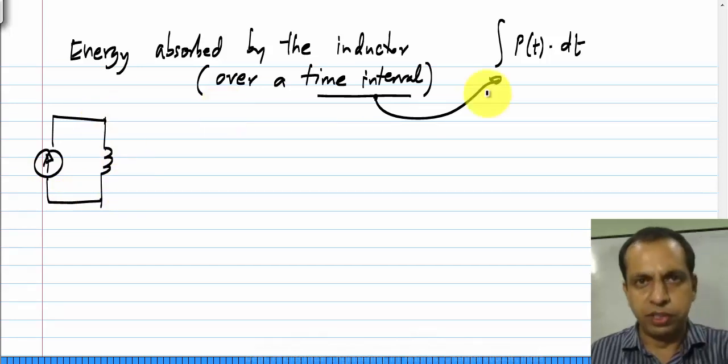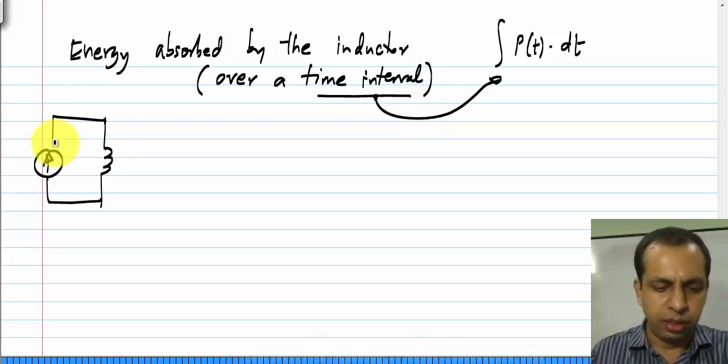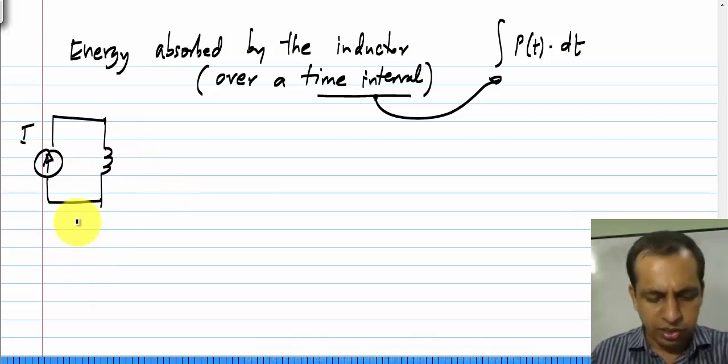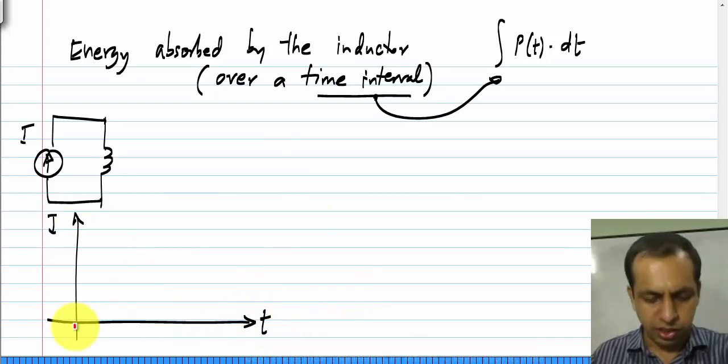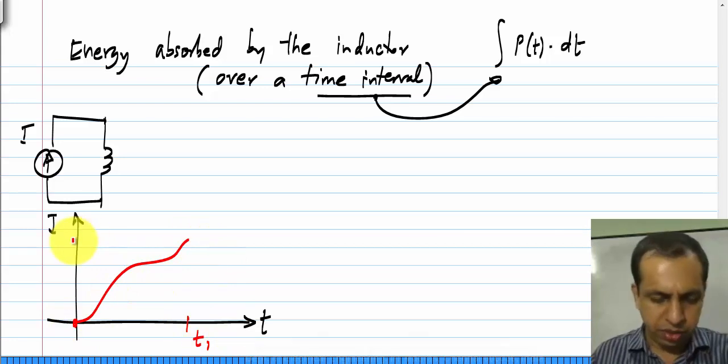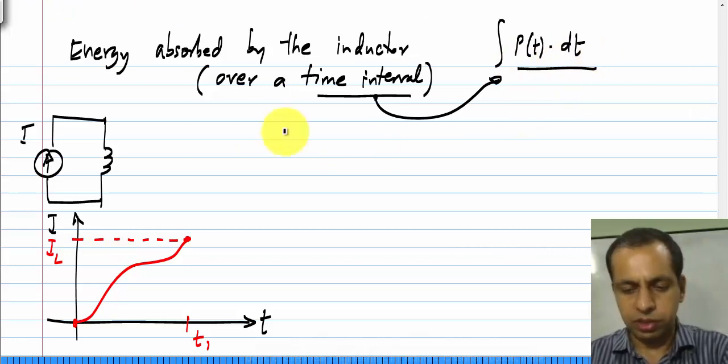Earlier, for the capacitor's case, I just showed the capacitor and some voltage waveform. You can think of that as a capacitor being driven by a voltage source. Here, I am driving it with a current source I, and it has some variation over time, I versus t. Let us say that it starts from 0 and then at time t1 it goes to a certain value I_L.